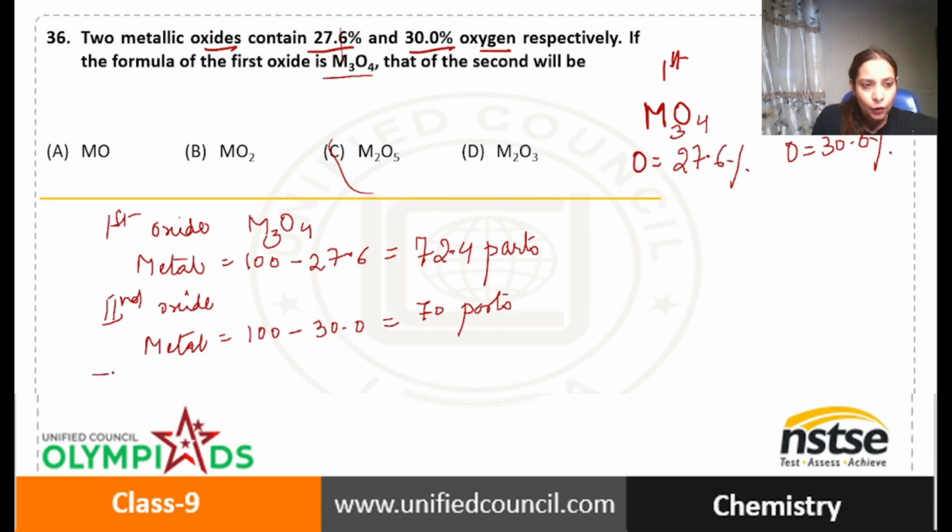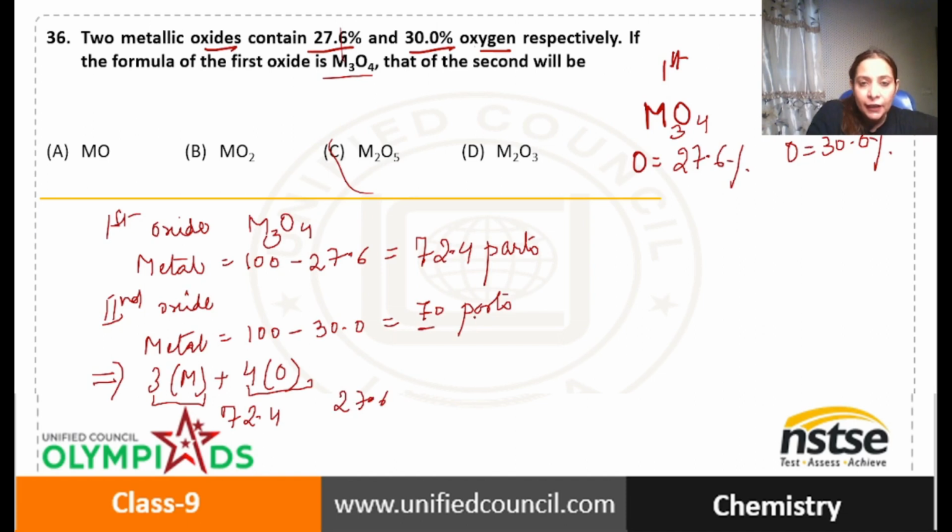In the first oxide we have seen that 3 atoms of metal combine with 4 atoms of oxygen. So 3 atoms of M, that is 72.4 parts, combine with 4 atoms of O, which is 27.6 parts.